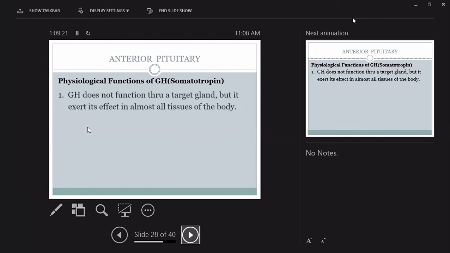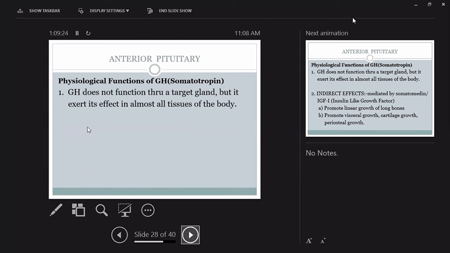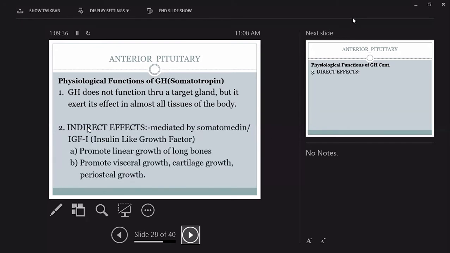Growth hormone does not function through a target gland, but it exerts its effect in almost all tissues of the body. Its indirect effects are mediated by somatomedin, your IGF-1, insulin-like growth factor.